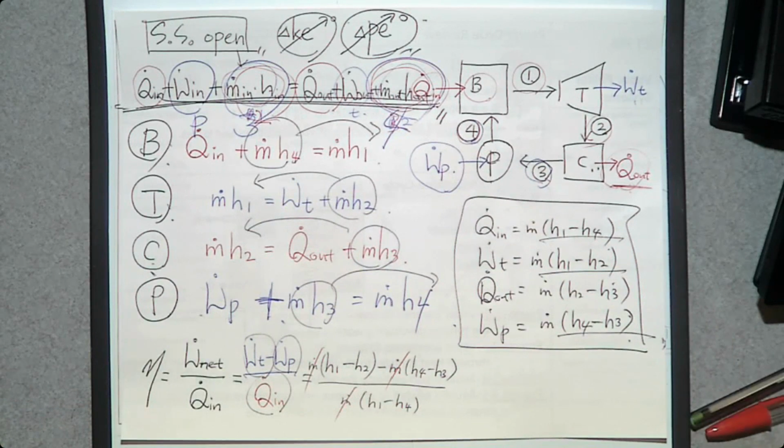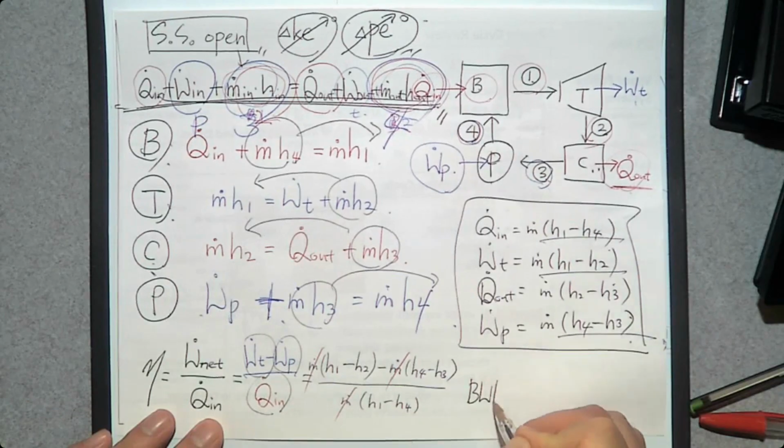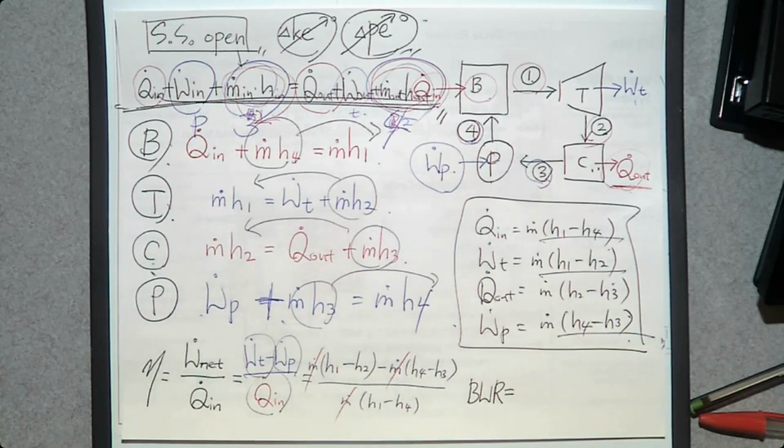The last one is called the back work ratio. That means how much power, out of the one that you produce, is actually going back to the Rankine cycle to run the pump, because not 100% of the turbine power can be converted to electricity, since some of this turbine power is going to be used to run this pump, right?